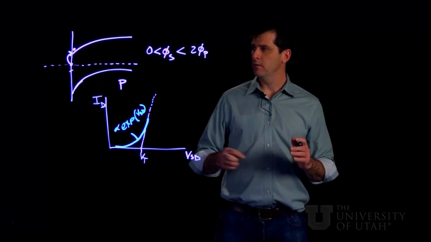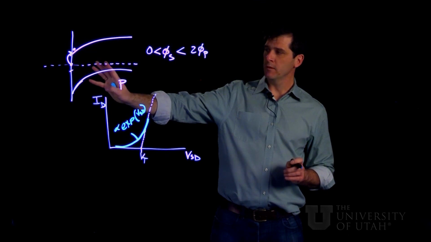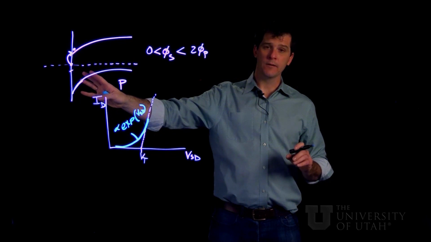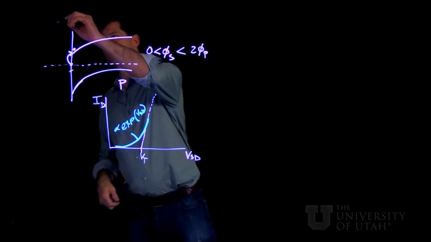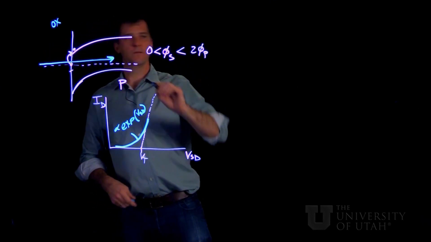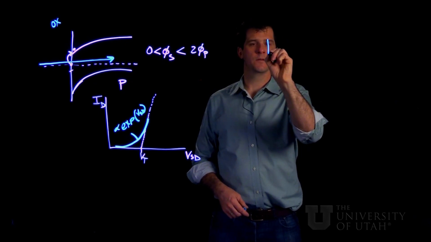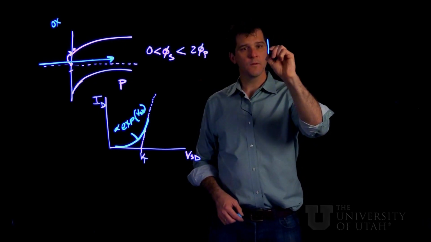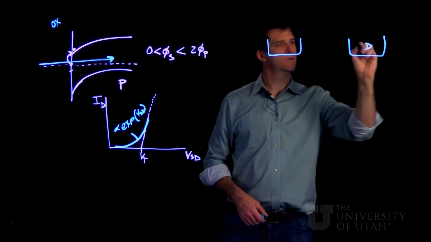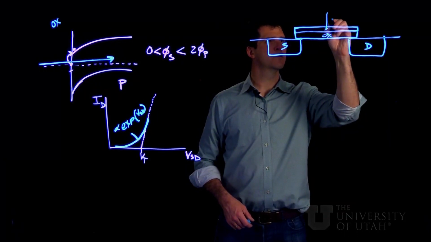We can look now at a band diagram which is orthogonal to this one. So this is the band diagram when we're looking in the depth direction of the MOSFET. So now let's look laterally through the channel. We have our source and drain here, oxide and gate metal here.